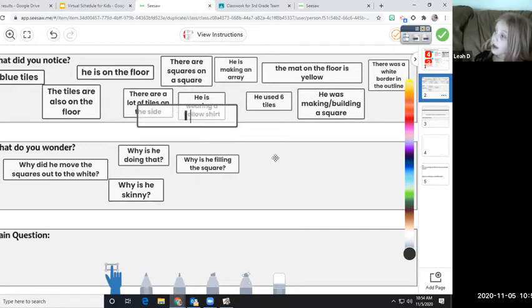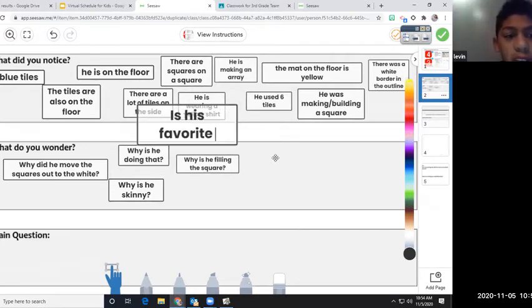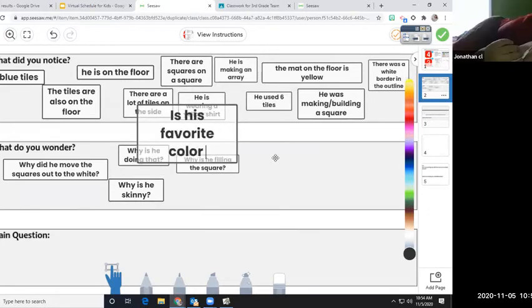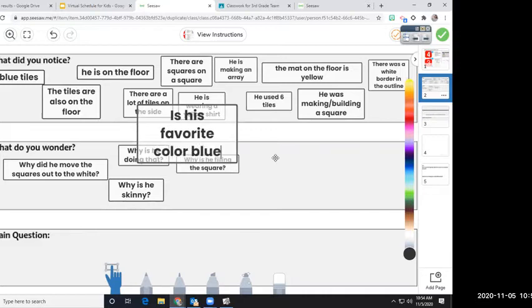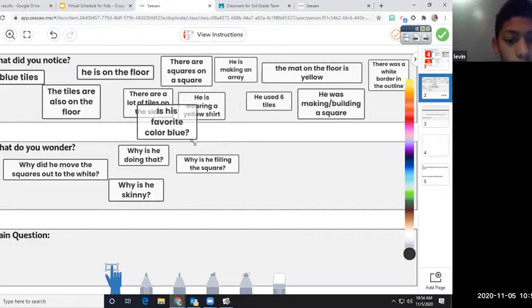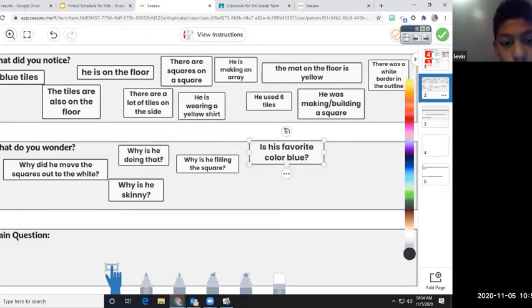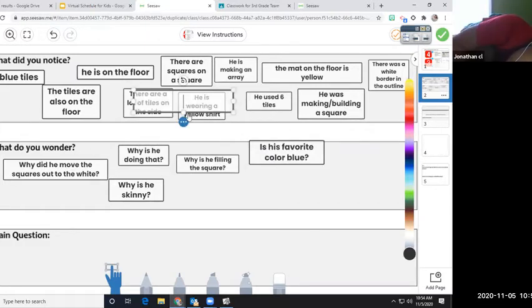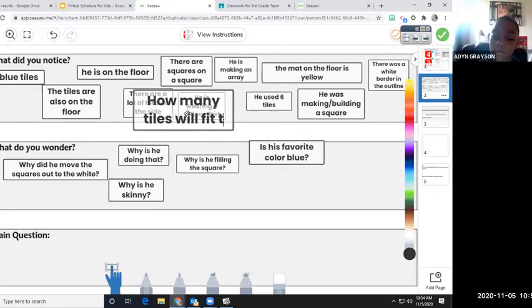Why did he move to do a square? Is he making an array model? Why move the rest of the spoons to the side? Where is he?